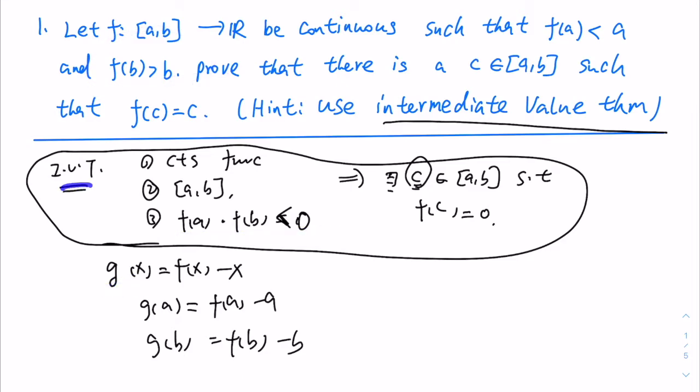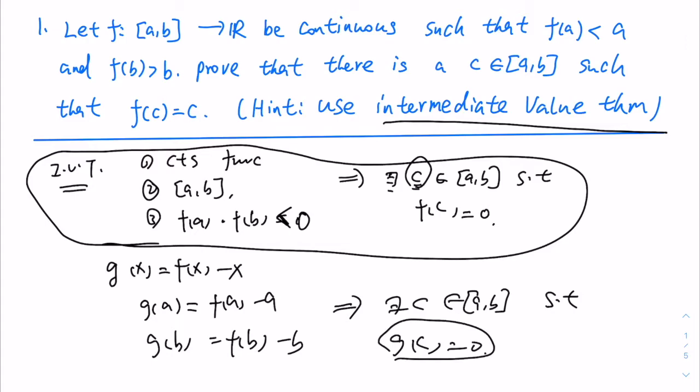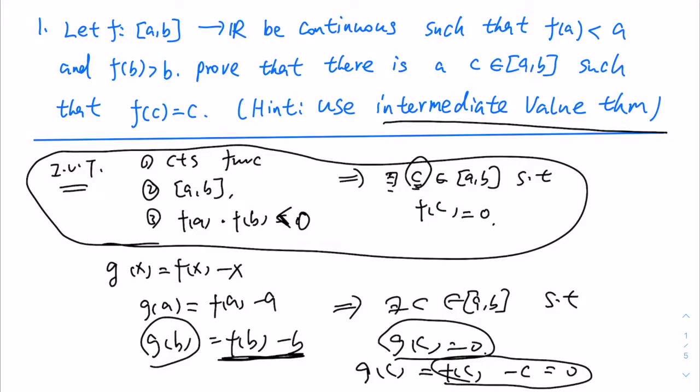Then we can just use the IVT. Then the conclusion is there exists c from a to b such that g of c is 0. So g of c is f of c minus c, and that is 0. So you can see f of c is equal to c. That is right here. Then we're done.